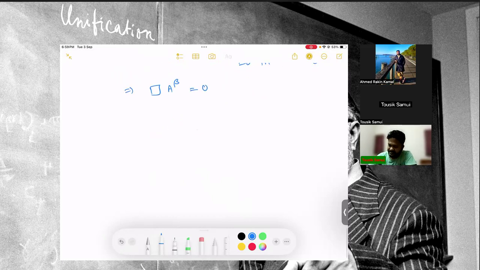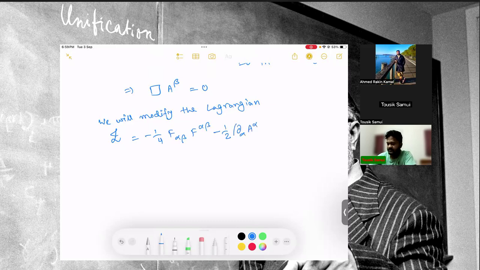So the prescription is we will modify the Lagrangian to -1/4 F_{αβ}F^{αβ}, and then half (∂_α A^α) squared.